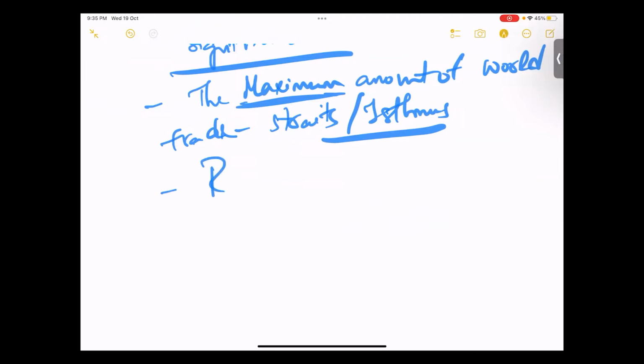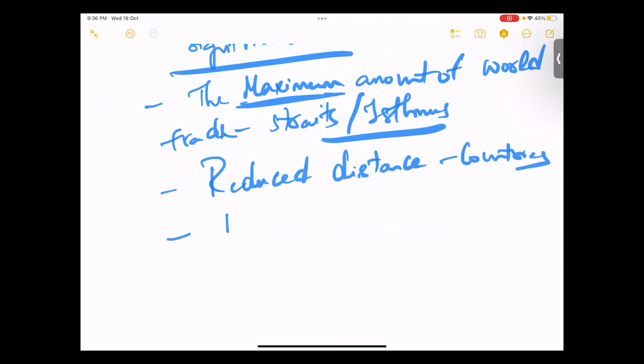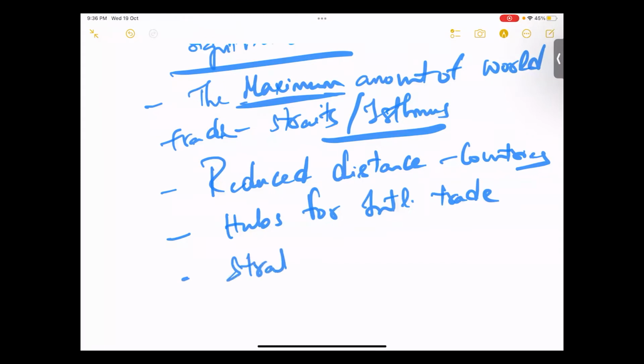And then what is the other significance? Reduced distances between various countries. And they are hubs for international trade. They are used for strategic purposes.